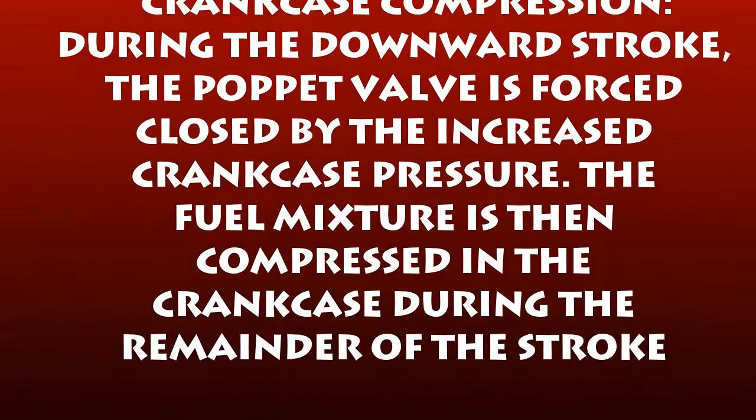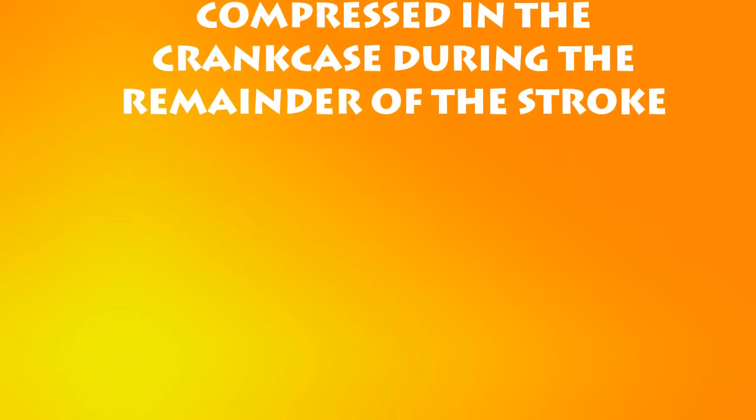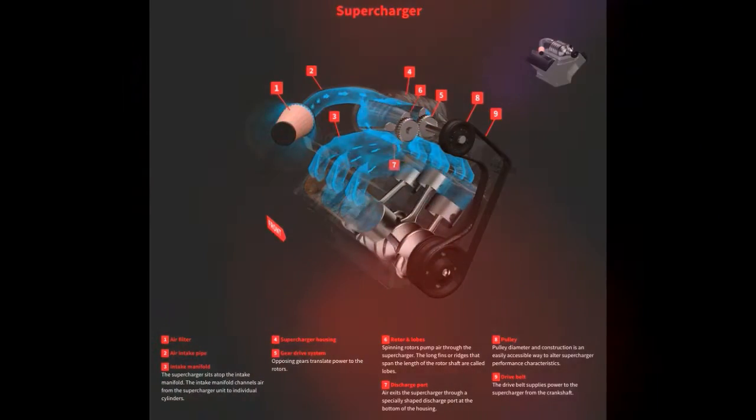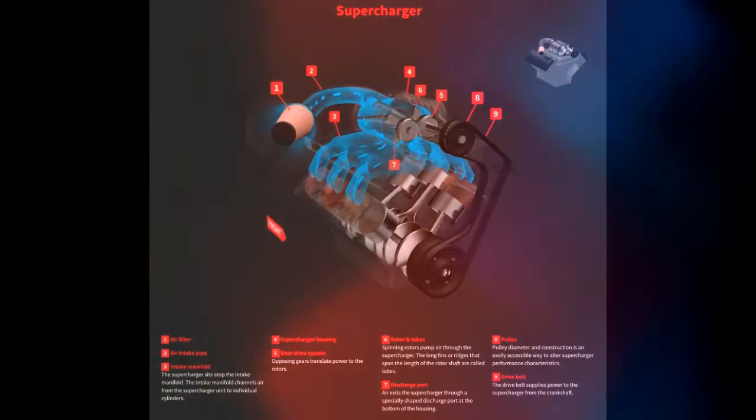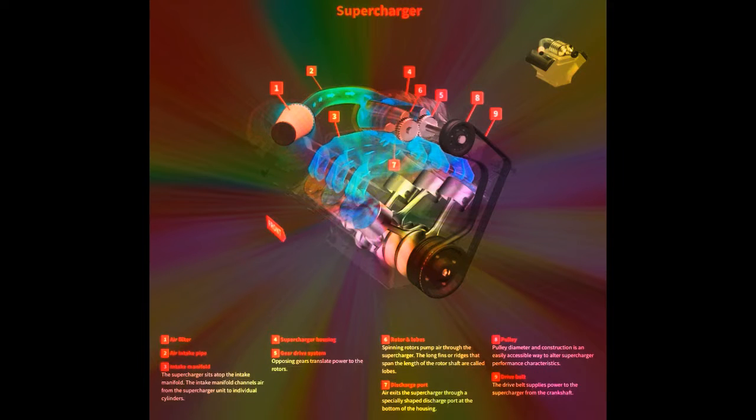However, many engines use a rotary valve incorporated into the crankshaft. Crankcase compression. During the downward stroke, the poppet valve is forced closed by the increased crankcase pressure. The fuel mixture is then compressed in the crankcase during the remainder of the stroke.